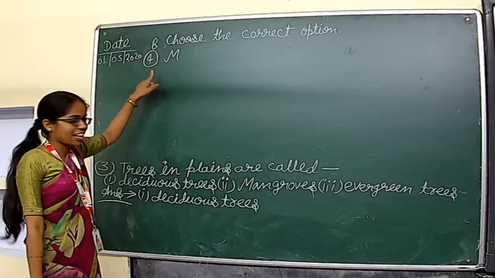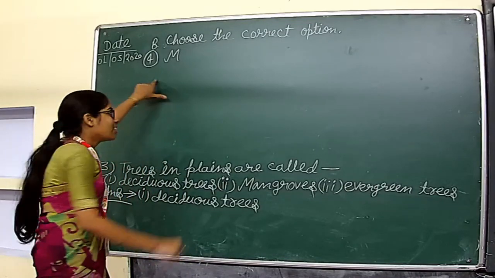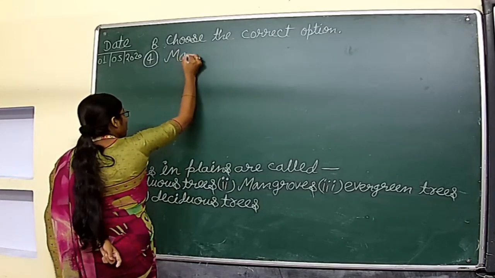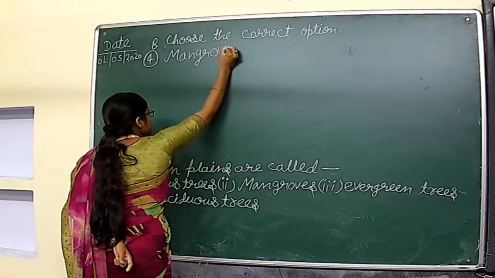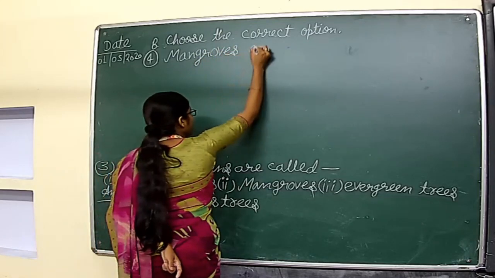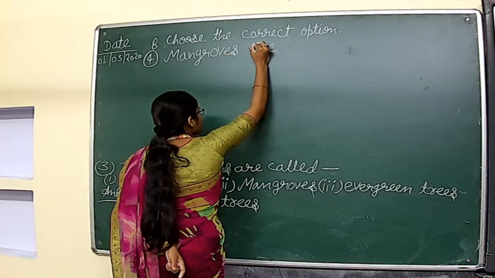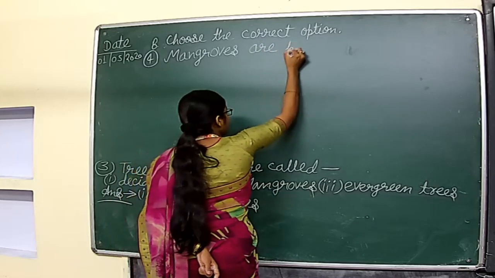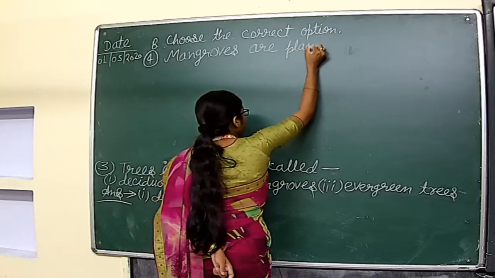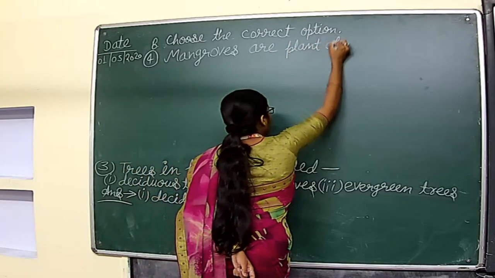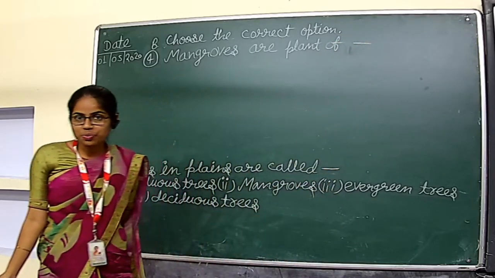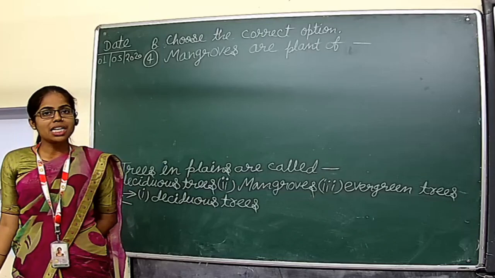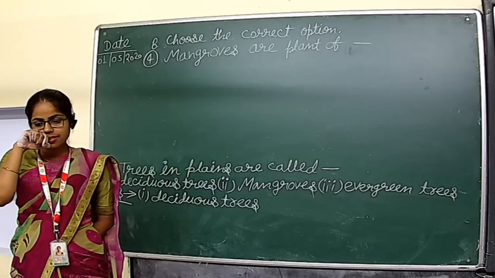Now let's write this question. Mangroves are plants of dash.